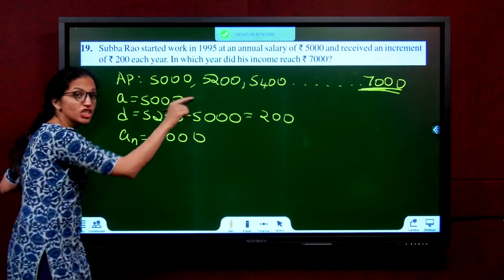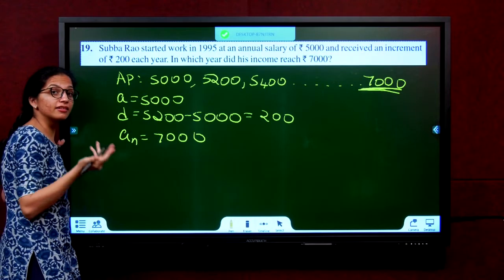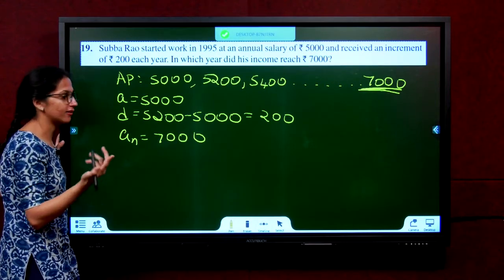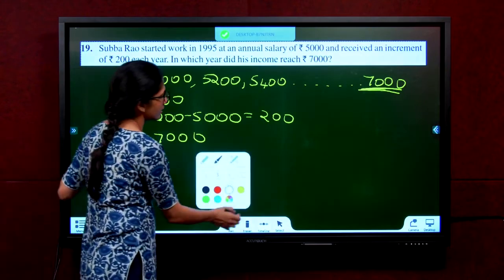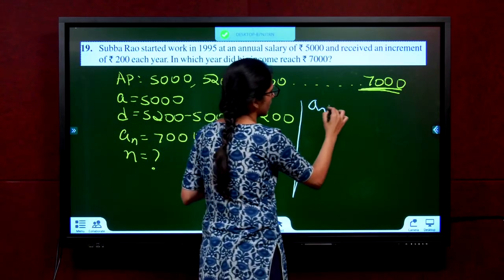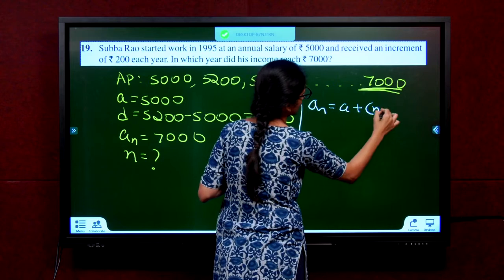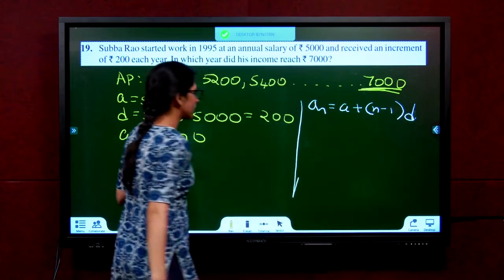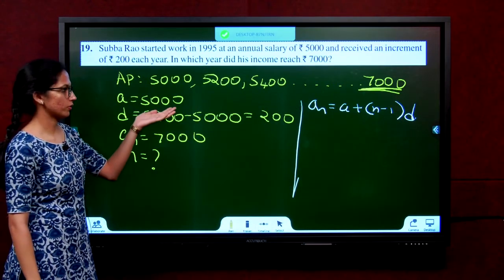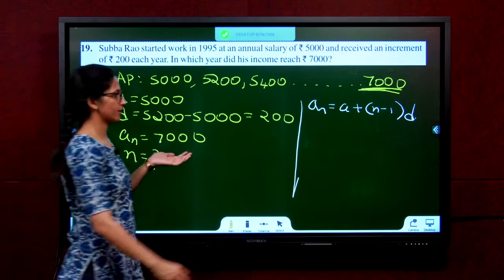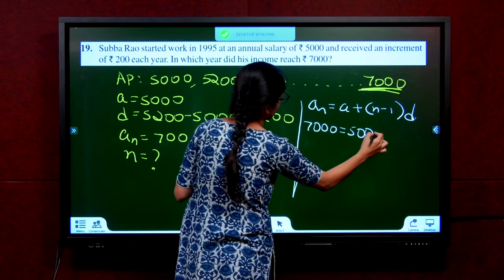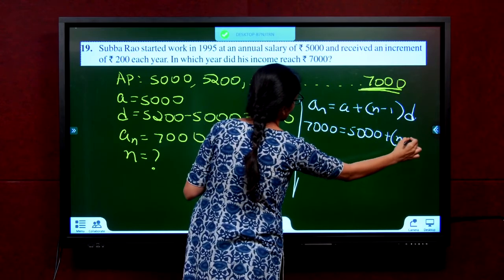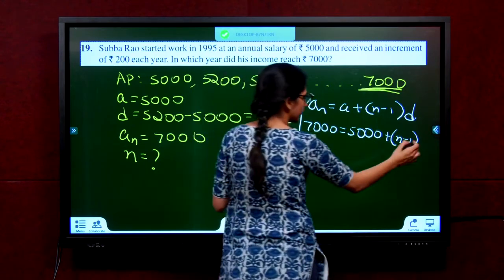We want to find out which year, 10th year, 5th year, 6th year, nth year, we don't know. So you have to find out N. What do we do? AN is equal to A plus N minus 1 into D. What is A? 5,000. What is AN? 7,000. 7,000 is equal to 5,000 plus N minus 1, D is 200.